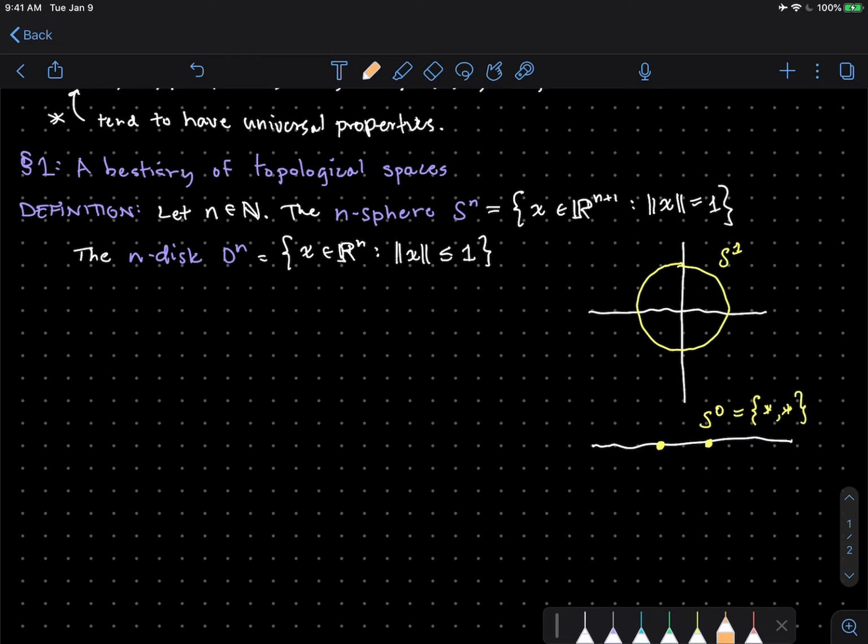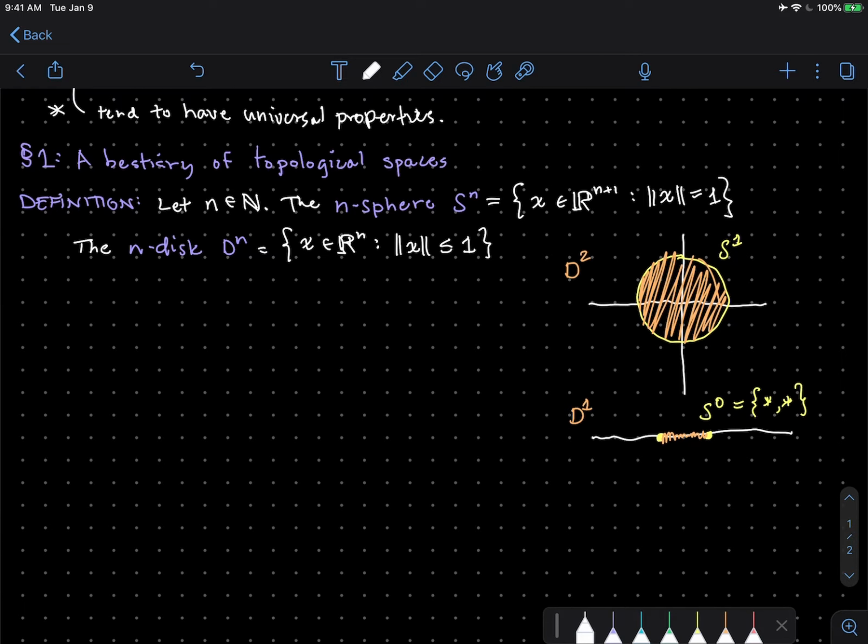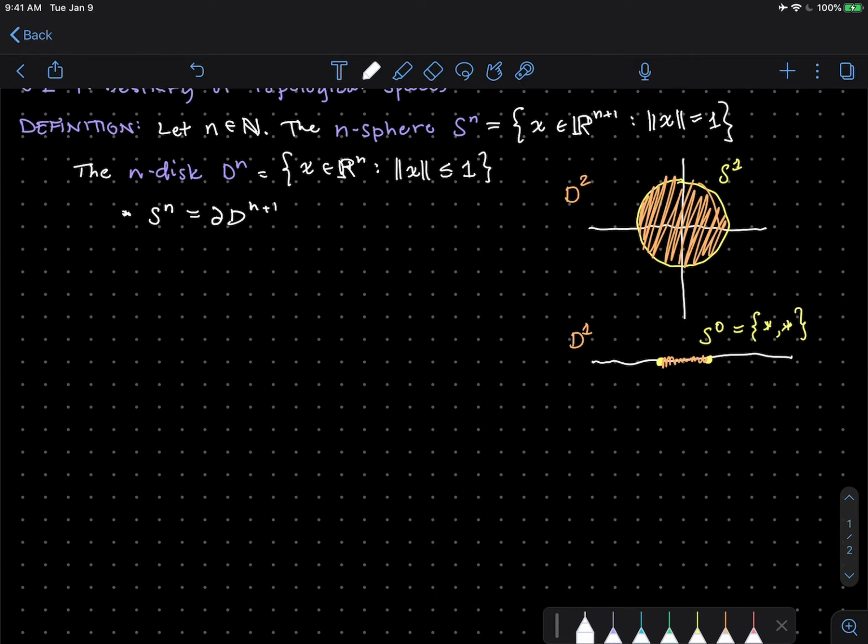So, for example, the 2 disk is everything in here, and the 1 disk is everything here. So more generally, we have that the n-sphere is equal to the boundary of the n plus 1 disk. Great.